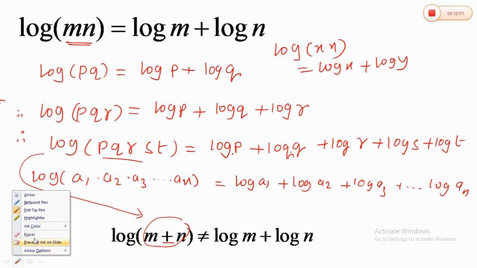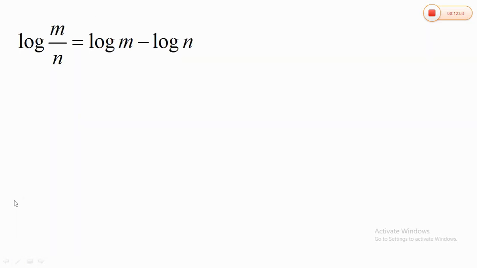Next one. Here the log of a quotient: the quotient is converted into a difference. Log m by n equals log m minus log n. Log m upon n is log m minus log n. Similarly, log p by q equals log p minus log q.